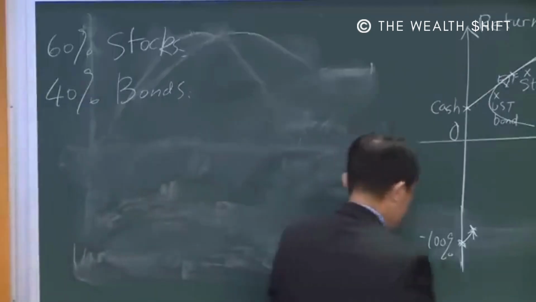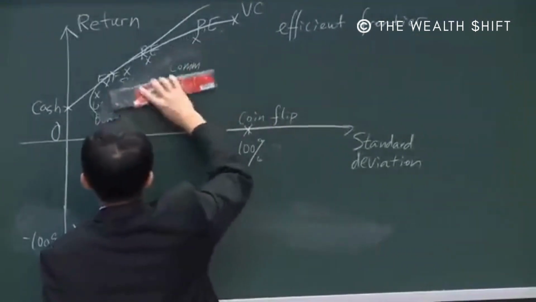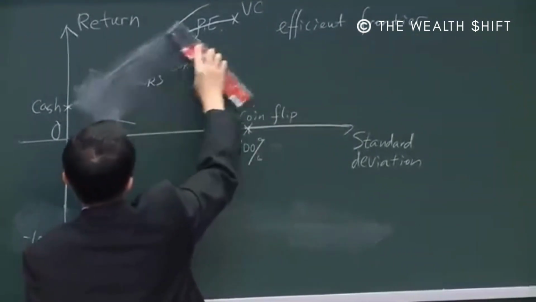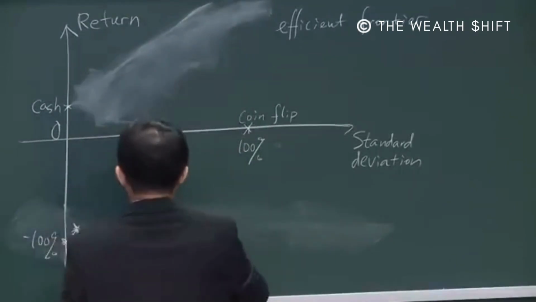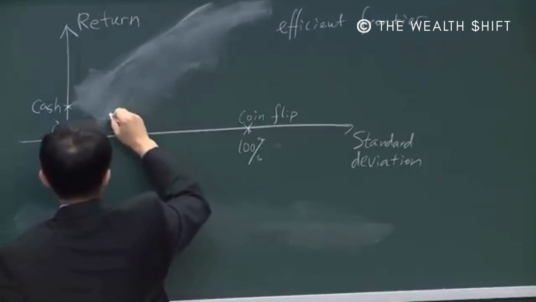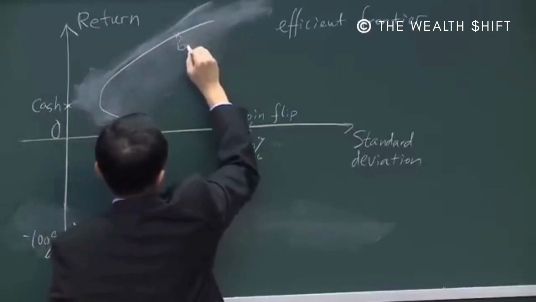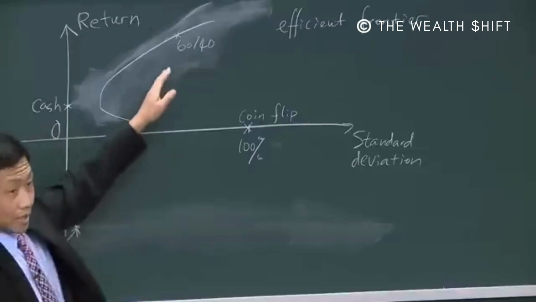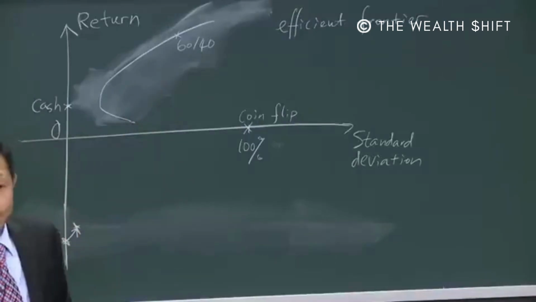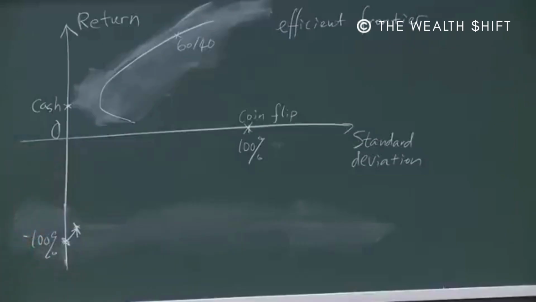So typically, your stock volatility is higher than the bonds, and the expected return is also higher.